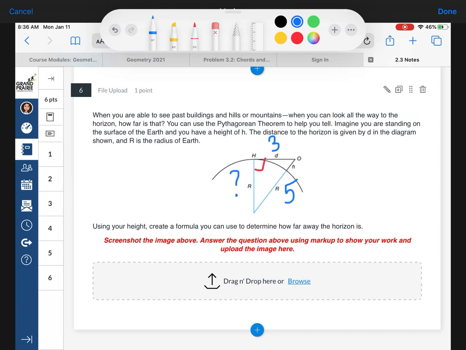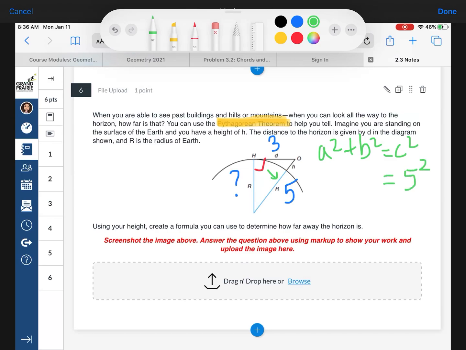So remember, if you have a triangle like this, it's a right triangle. And we can use the Pythagorean theorem to answer it, okay? So I'm going to apply the Pythagorean theorem, a squared plus b squared equals c squared. And remember, your c has to be the longest side, that hypotenuse, which is right across from the 90-degree angle.